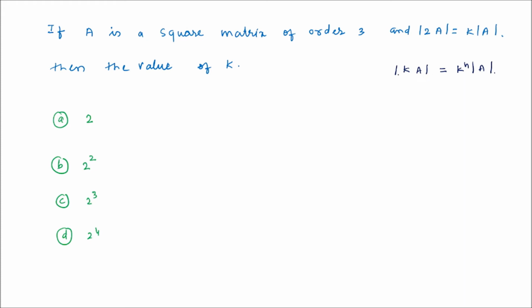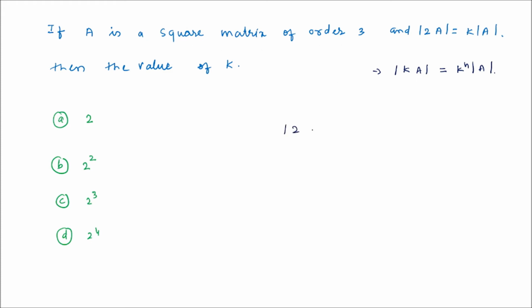So we know that if we want to take k outside the determinant of kA, it should be written as k raised to n, where n is the order of the given matrix. The order of the matrix here is 3.